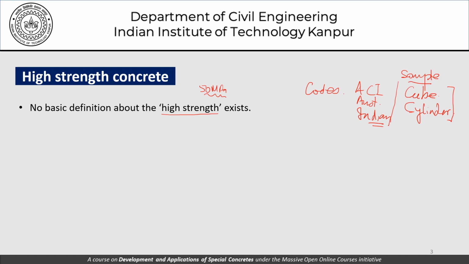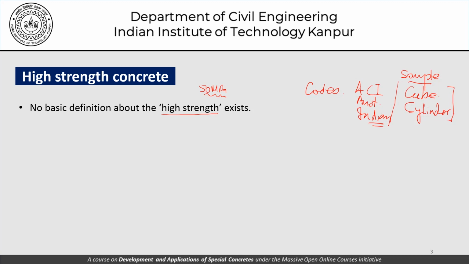Therefore, an international agreement on what is high strength concrete is fairly difficult to achieve, and it is not really required. What is important to understand is that beyond a certain point, we have issues which are not important for normal strength concrete, and that is what makes this concrete special.